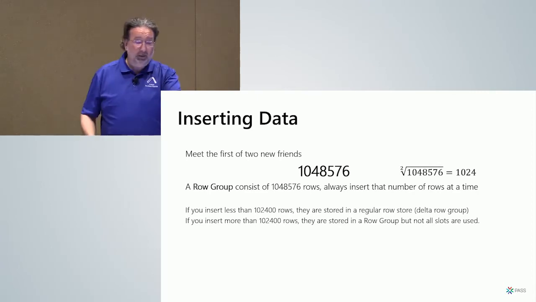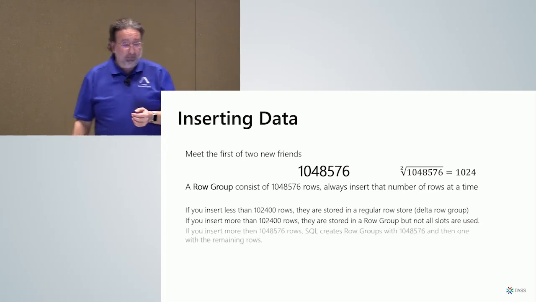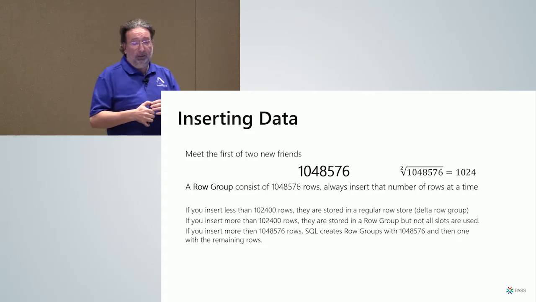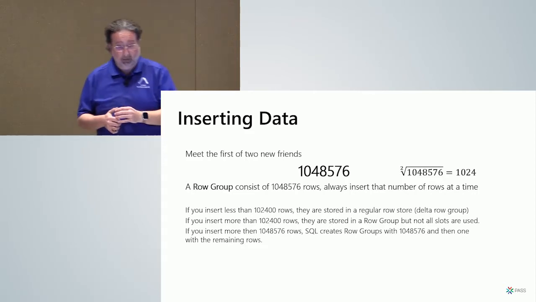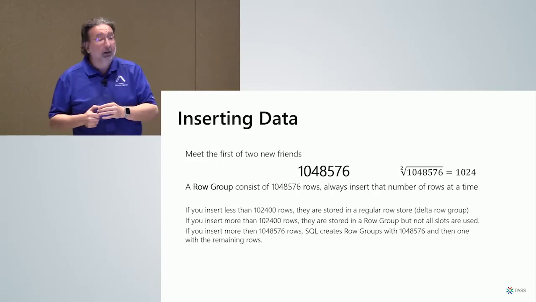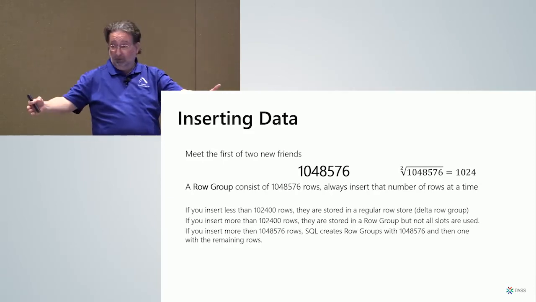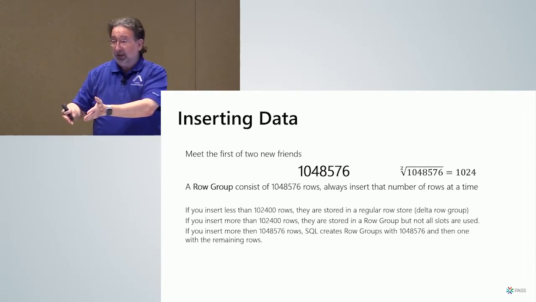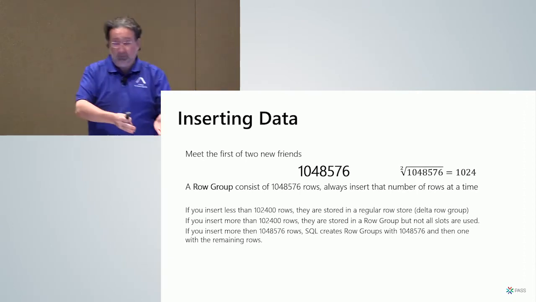Puts it in there. And that happens with 200,000, 300,000, 500,000 rows, all the way up to 1 million. If you insert more than the 1,485,760, or something around that, it will create one perfect one with exactly that number, and then deal with the rest in the way before.